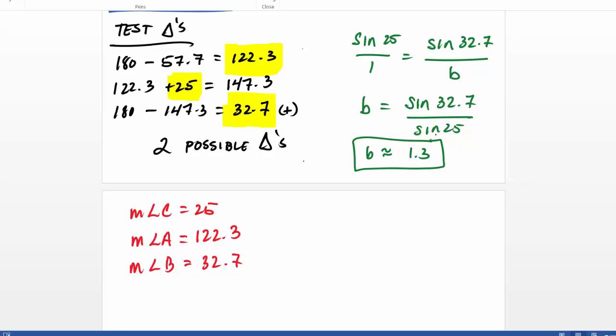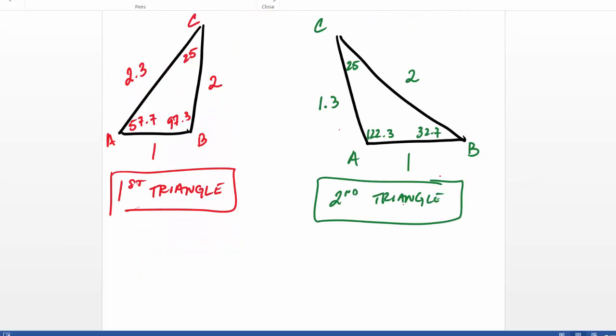Now, just so that you can get a visual and understand why this works, I'm going to draw both triangles as close as I can with the possible angle measures so that you can see what these would basically look like with legitimate angle measures. Okay, so now that I'm looking at these two possible triangles side by side, let's take a look at a couple things here.